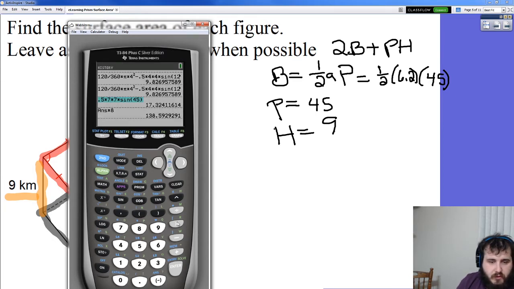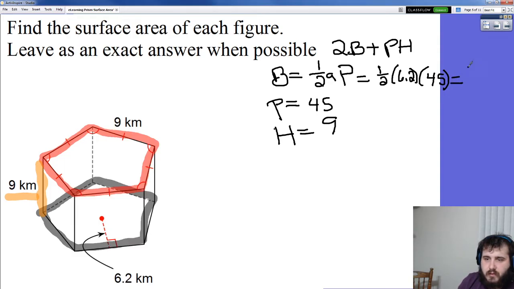That gives 139.5, which is the area of our base. Our perimeter is 45. Our height is 9.